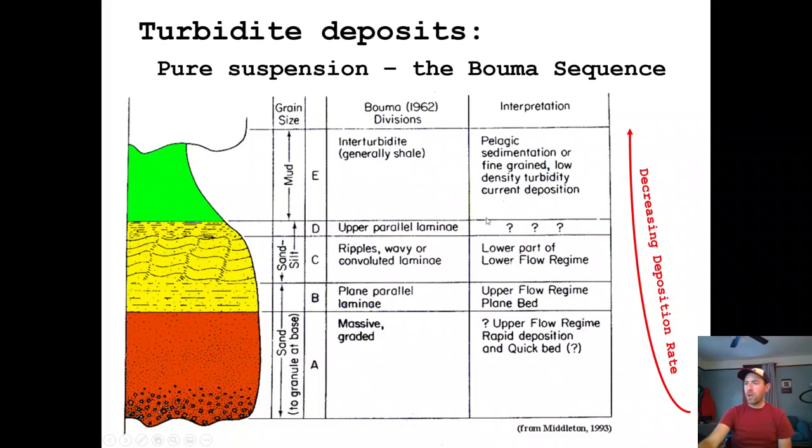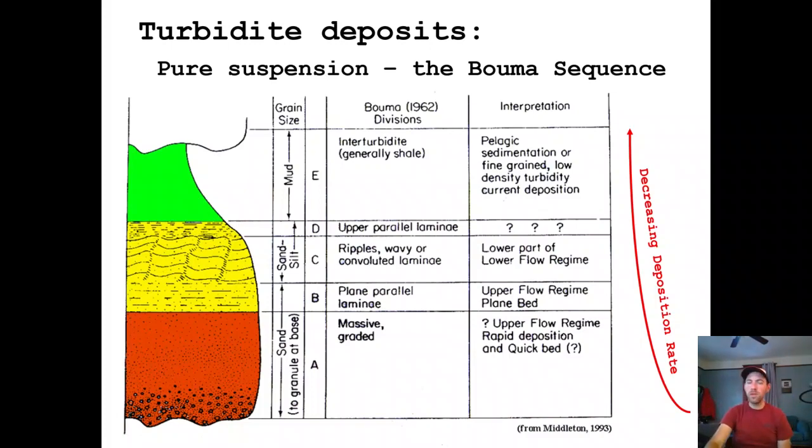And then you get up into the upper parallel laminated sands and silts, which would be your D horizon, as you sort of move into this suspension settle out regime, right? And then you end up with a mud horizon, which reflects the sort of after the turbidity current has passed by, you get your abyssal plain sedimentation, and then the process might start over again.